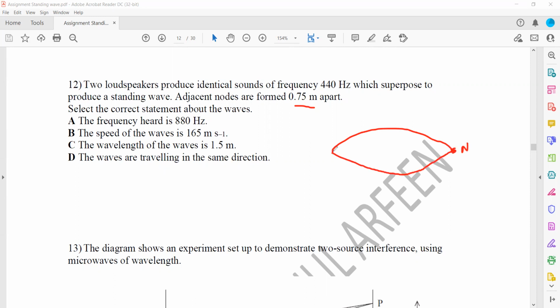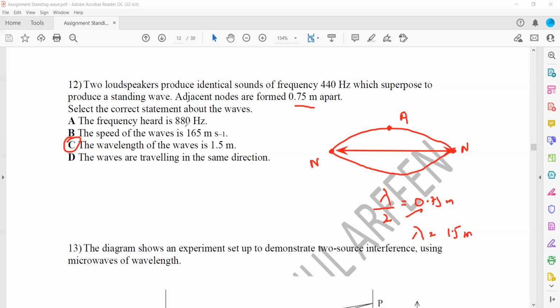So this is node, node and antinode. The distance between two successive nodes is lambda by 2, which is equal to 0.75 meter. So lambda multiplied here will be 1.5 meter. So the wavelength of this wave will be 1.5 meter.